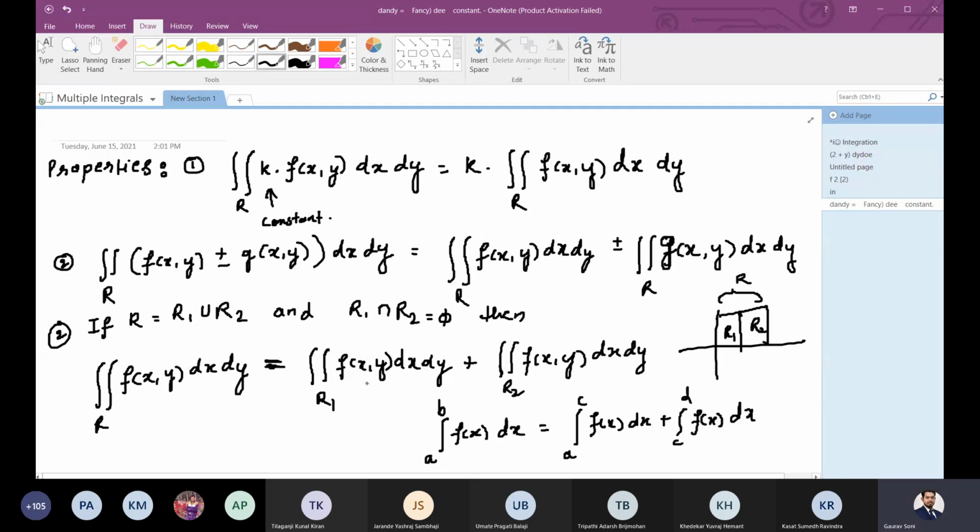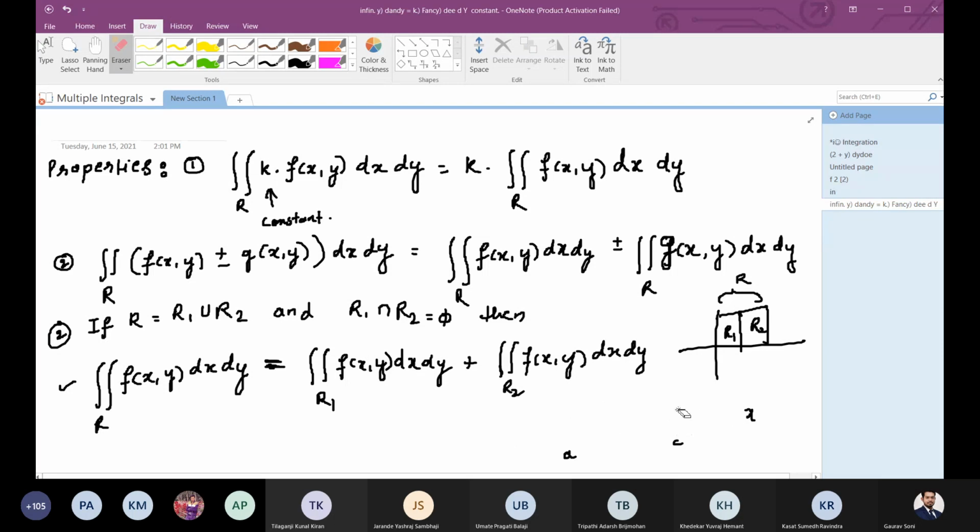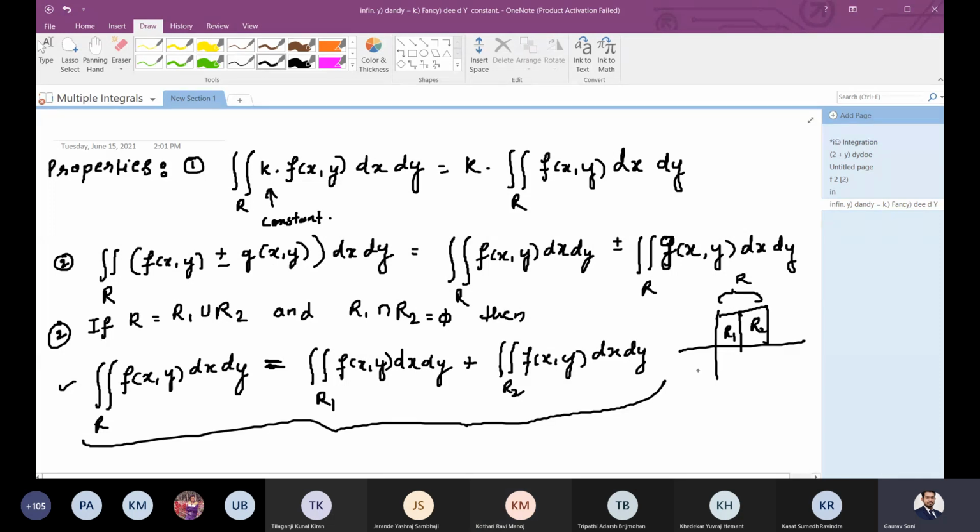This property is just the generalization of the previous property of definite integrals. Again, in change of order type examples, you'll need this property. If you have written it, I can go ahead now.